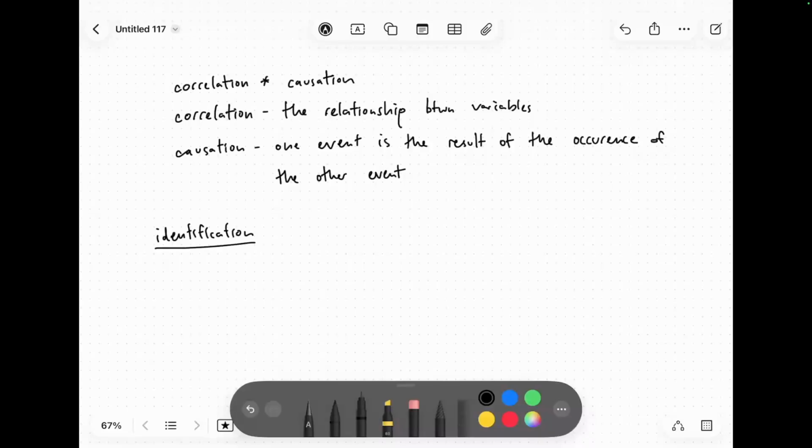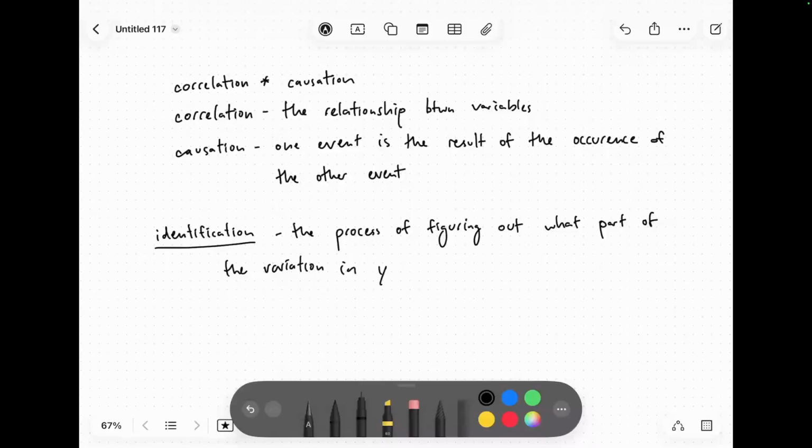Okay, so this is the process of figuring out what part of the variation in your data answers your research question.